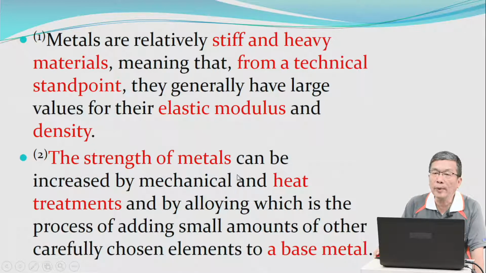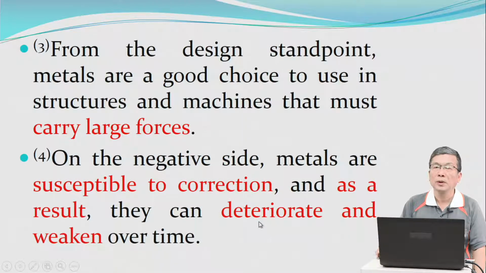The strength of metals can be increased by mechanical and heat treatments, and by alloying, which is the process of adding small amounts of other carefully chosen elements to a base metal. From the design standpoint, metals are a good choice to use in structures and machines that must carry large forces.